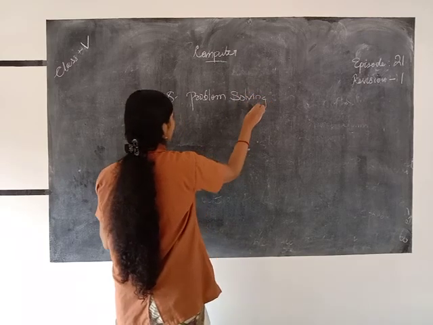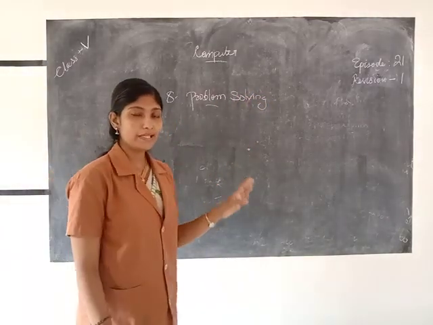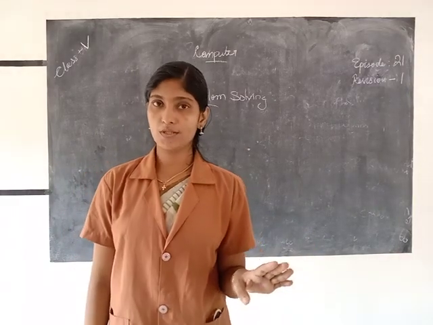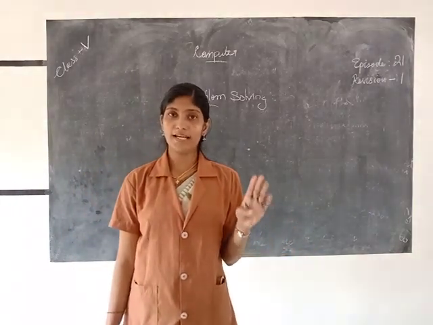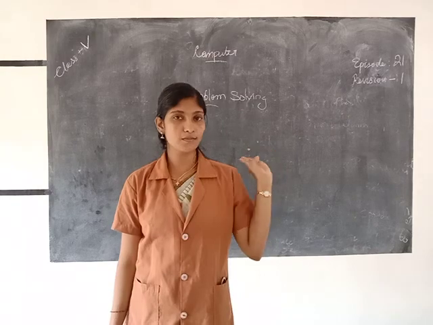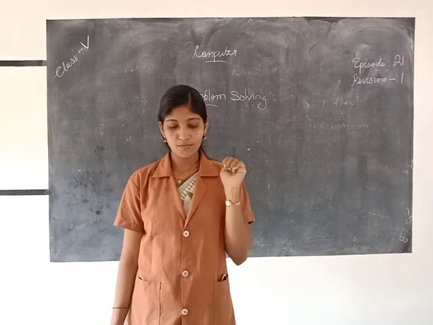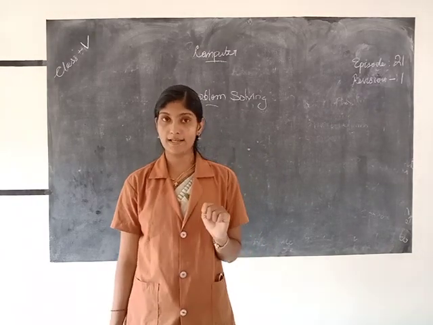Here in this chapter, we learned what an algorithm is, what a flowchart is, and we also did some examples of these two things. So first, what is an algorithm?